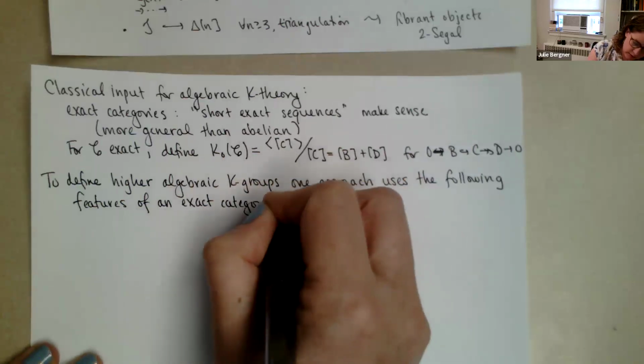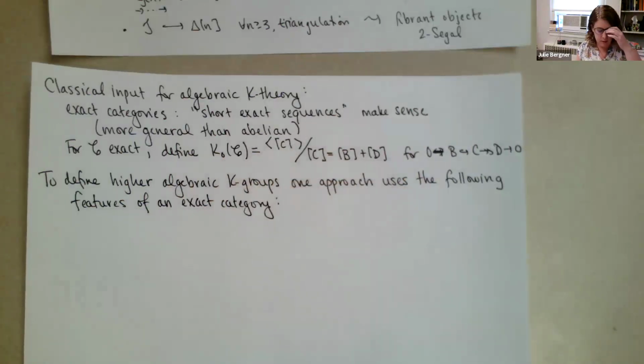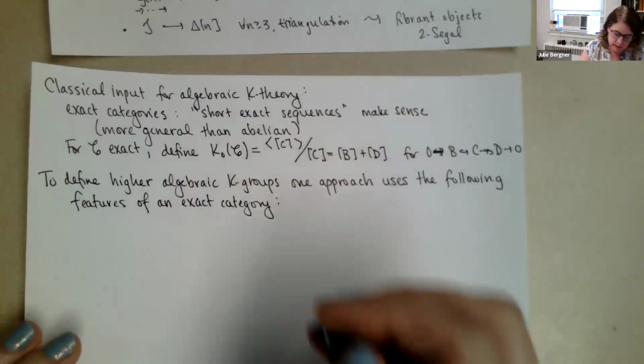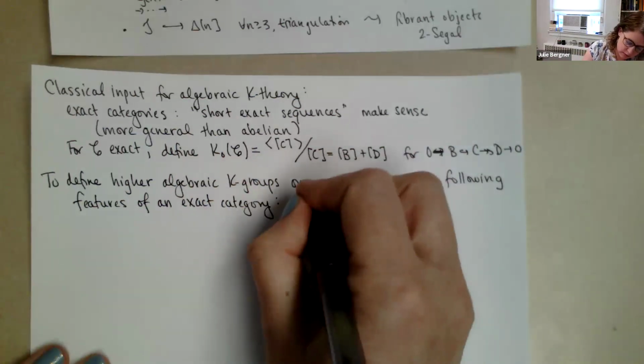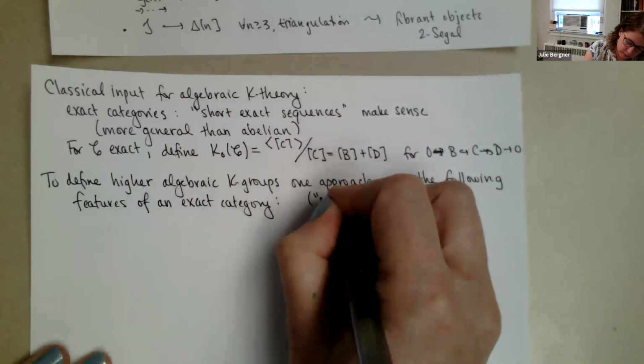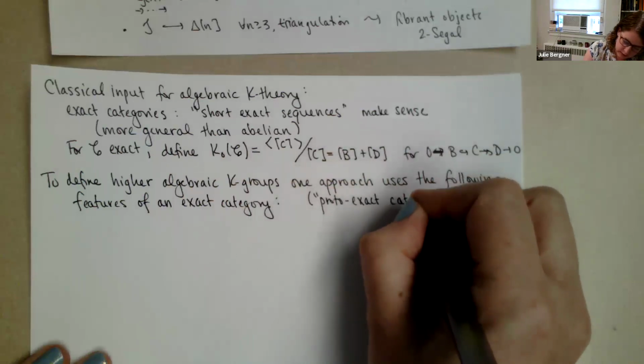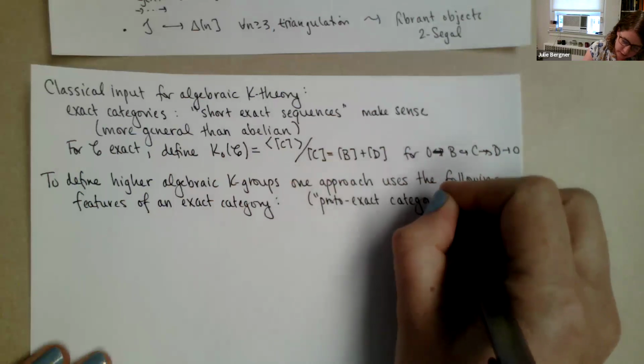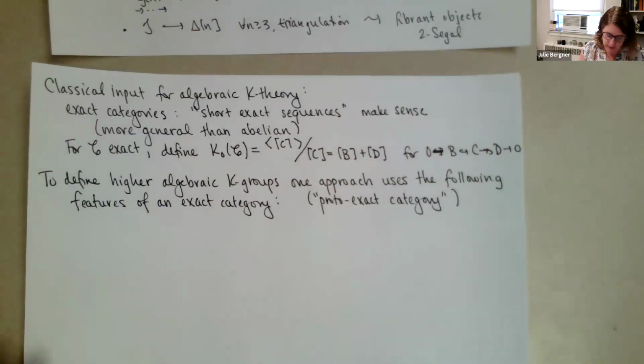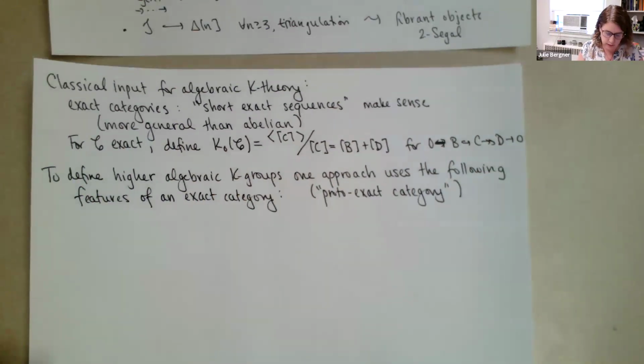And you can actually say, forget about it needing to be exact. You just take the features I'm about to describe. This is what's sometimes called a proto-exact category. An exact category will have some more structure, but it's not going to matter. This is what I really care about.